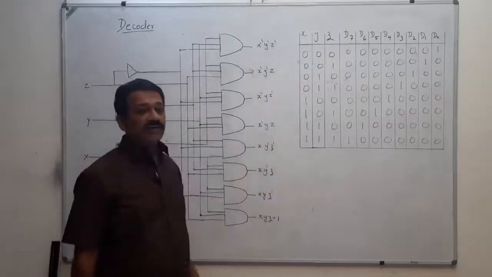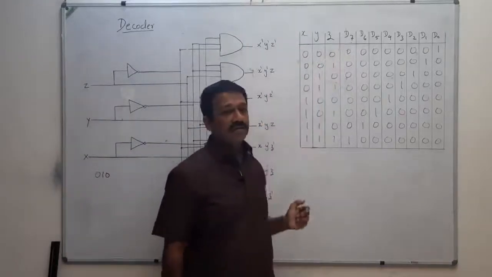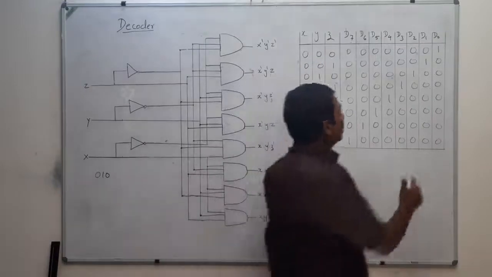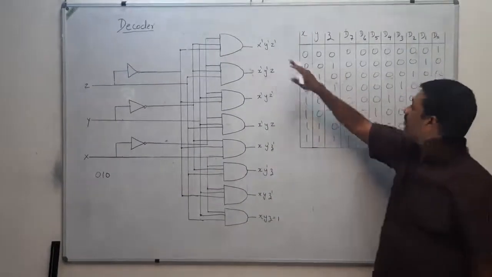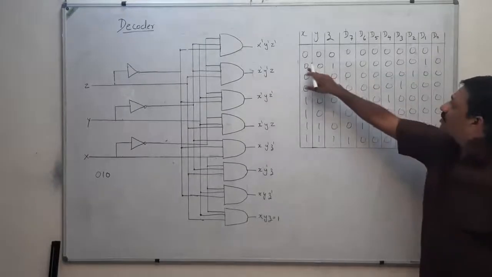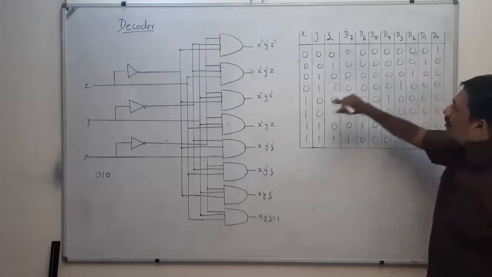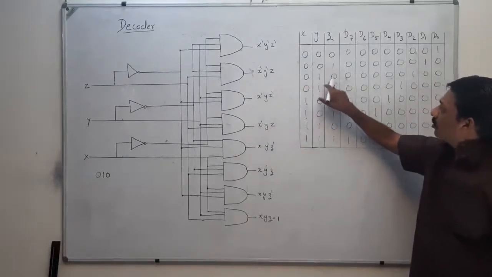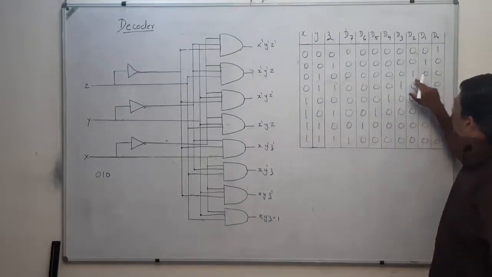Now the truth table for that. If you have x, y and z all zeros, then D0 has to be set. For 0, 0, 1, D1 has to be set. For 0, 1, 0, you have to set D2.